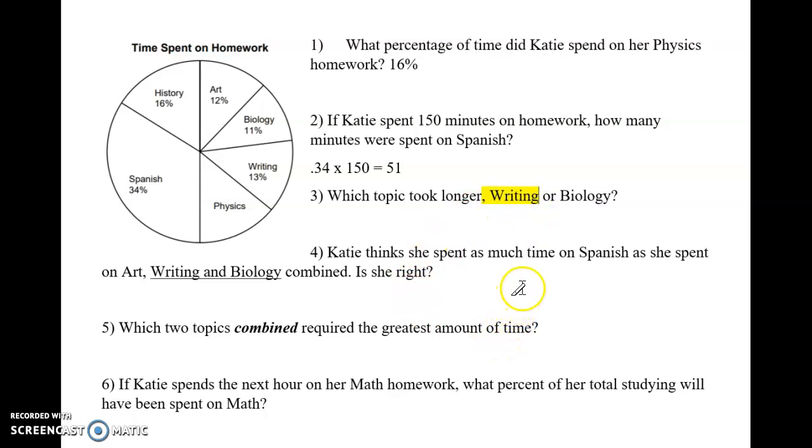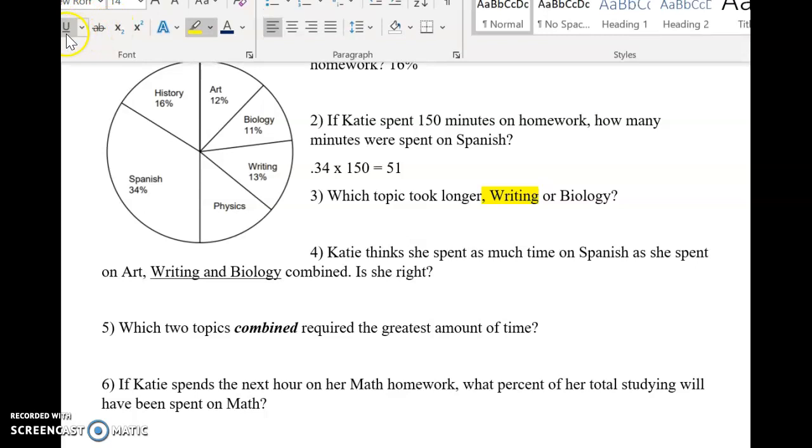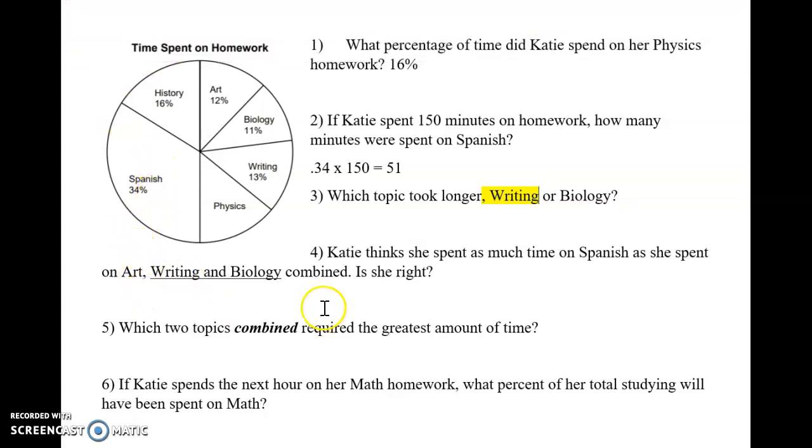Katie thinks she spent as much time on Spanish as she did on art, writing, and biology combined. Is she right? Wow, that would be a lot of time for those subjects. Let me get rid of the highlighter. Okay, so art, writing, biology, 12 plus 11 plus 13 would be 10, 20, 35, 36%.